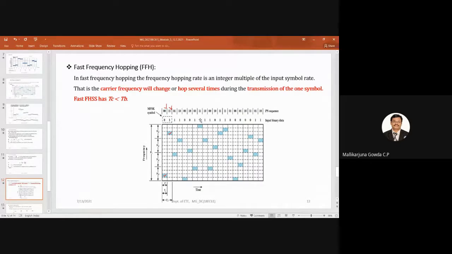You just check this 1, 1 symbol. This is the hopping frequency, that is FC0 and FC3. And for this one here, the symbol was 1, 1, right? Here, what is the hopping frequency? It is 0, 1, that is FC1 and FC2. So the hopping frequency is also different even for the same symbols. It is not fixed, and it hops several times for transmitting one particular symbol.